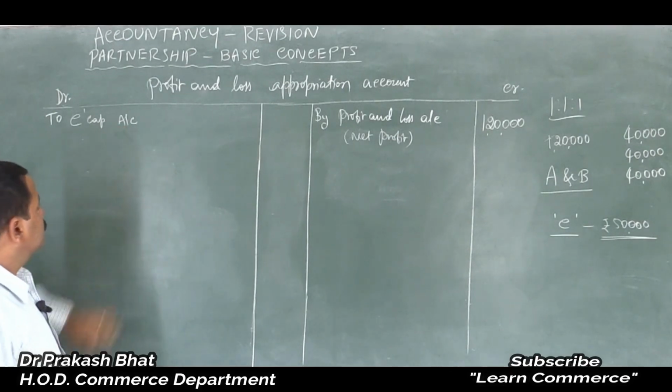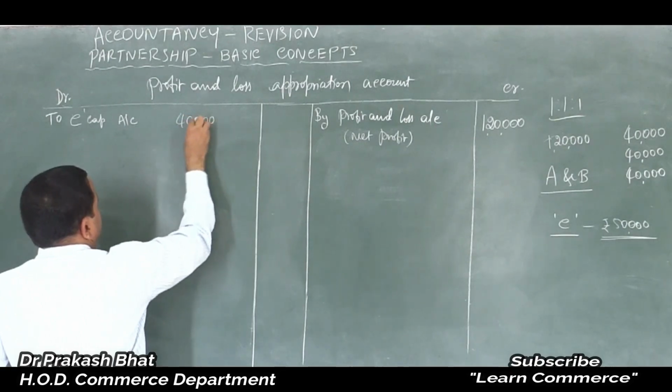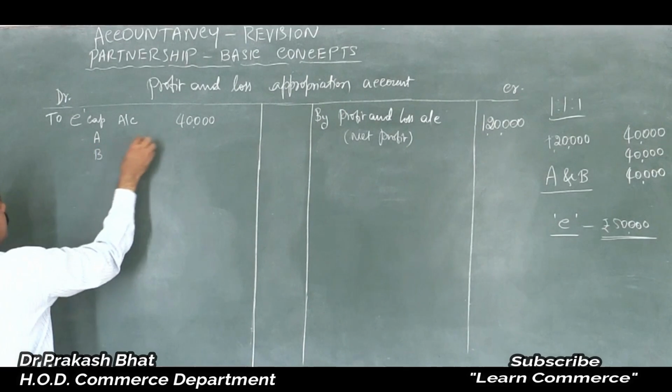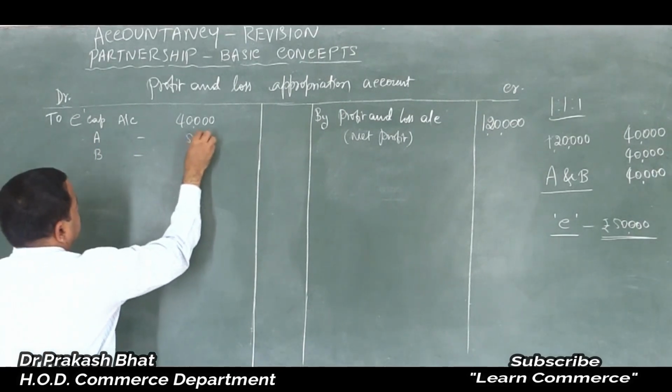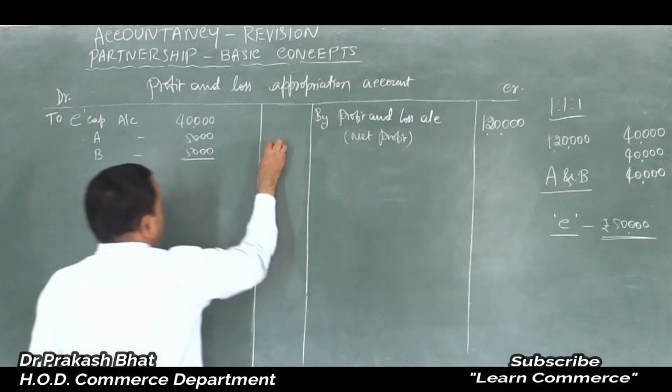That is 40,000 as per his share, plus rupees 5,000 each given by A and by B. Total it will be 50,000.